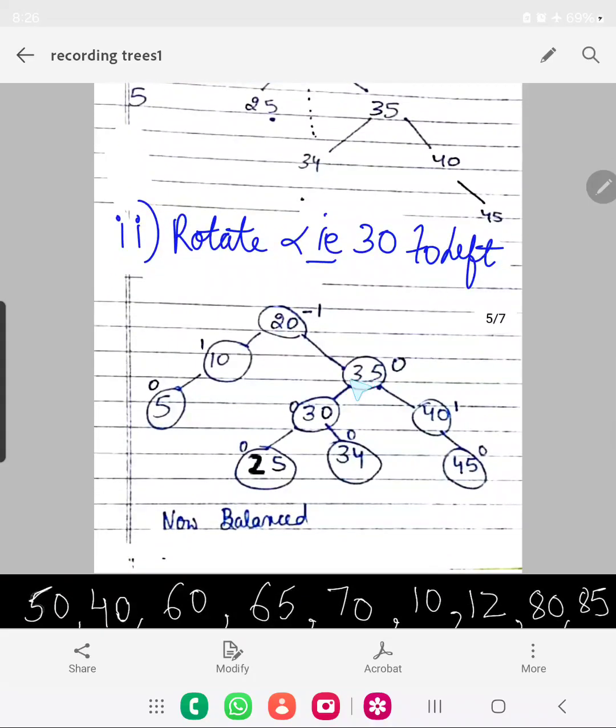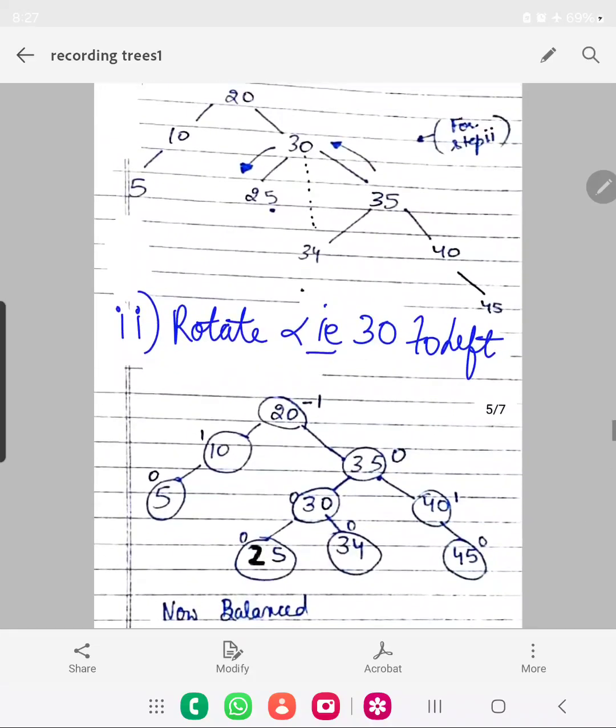After this rotation, 30 is rotated to the left, 35 comes up, and 34 was at the left of 35. Now it becomes right of 30. So 30 moved to the left, 35 comes up and 30 comes to the left of 35, and the 34 which was at the left of 35 becomes the right of 30.